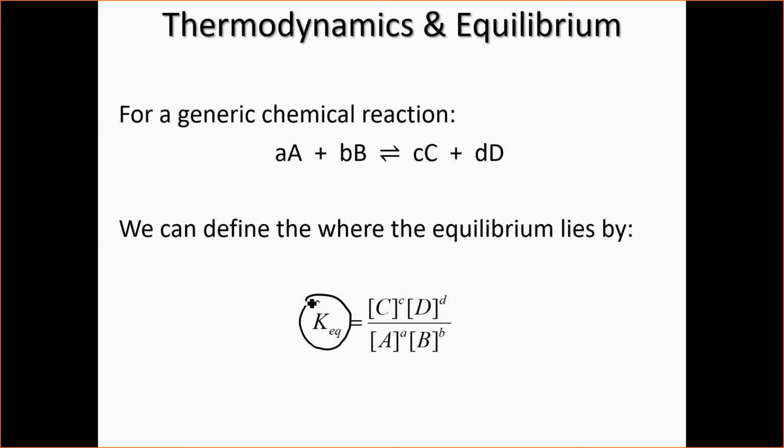Remember, if any reaction is forming, use your logic. It's a very simple fact. What does the C in the parentheses mean? That is the concentration of C, concentration of D, and concentration of A and B here.